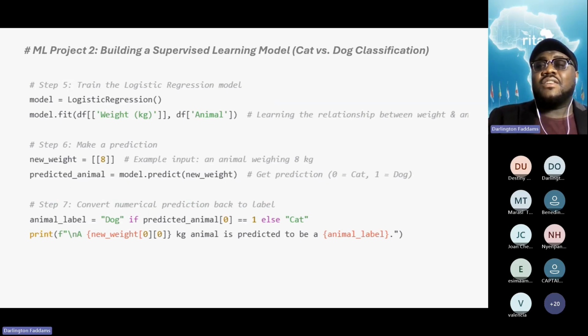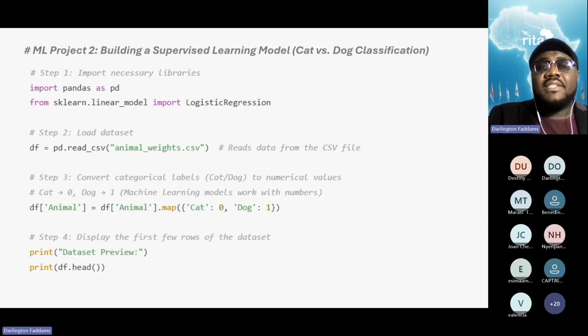The same cat and dog issue, you can see that it's coming here. And if you come into this particular project, project 2, which you should also save as part of your portfolio, in parentheses, we say cat versus dog what?